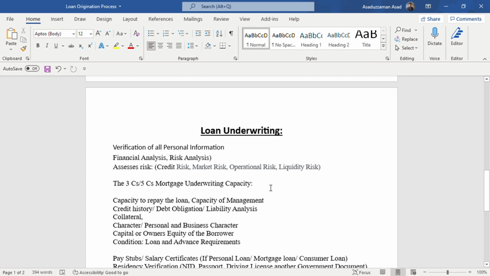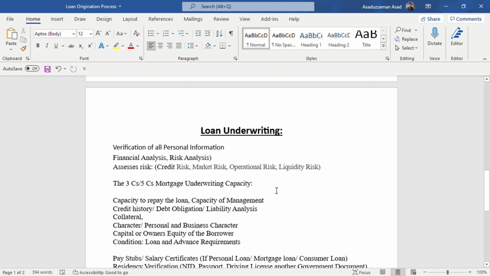The main function of the underwriter is to analyze and verify the whole document provided by the borrower.